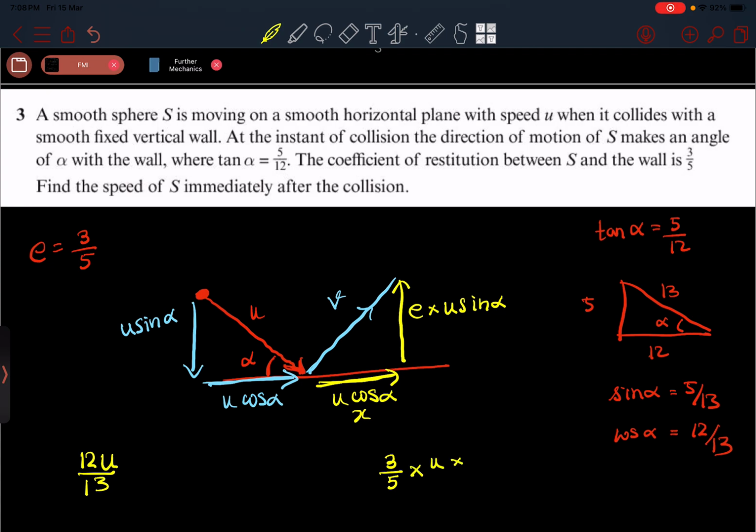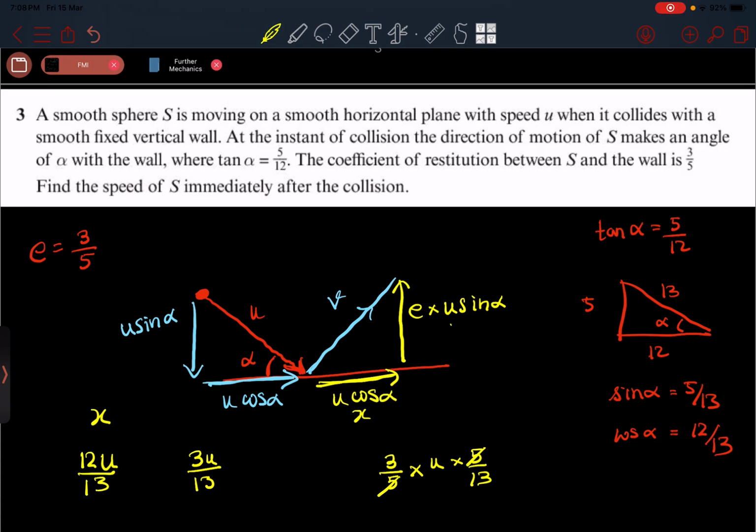Sine alpha would be 5 over 13. So 5 and 5 go off. So we will now have the vertical component is 3u over 13.